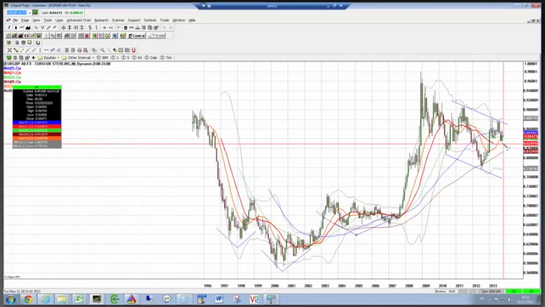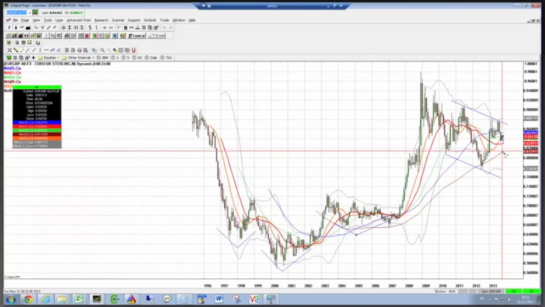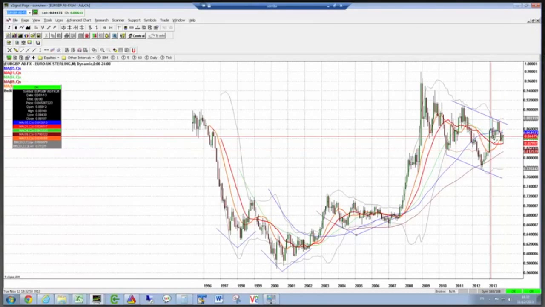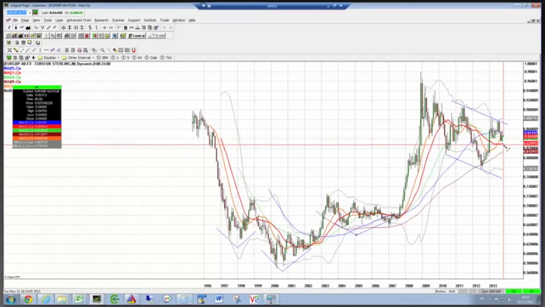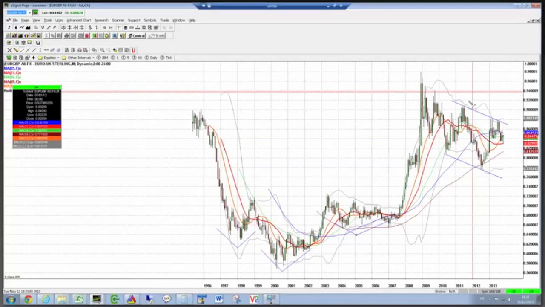The first on the monthly chart is the 20-month moving average, which is turning up. It's the first time, I think, since 2010. After the last pullback, I think the last pullback is interesting to enter a long position. So we have an interesting reaction on the 20-month moving average.